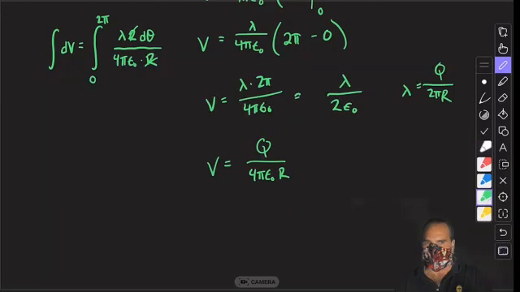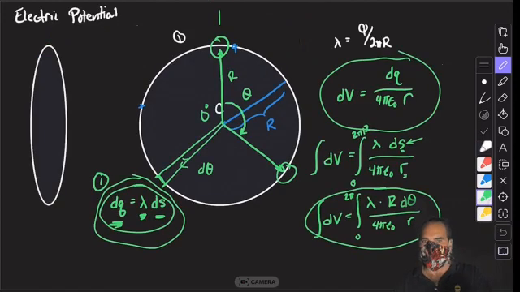It's Q over 4 pi epsilon naught times R. It's the exact thing for a point charge. It's because what we really did is we created the one situation where being at the center of some object is just like being that far away from the point charge. Why? Because we took a point charge and spread it out equidistance away from us all the time. So every single piece contributes the same amount.